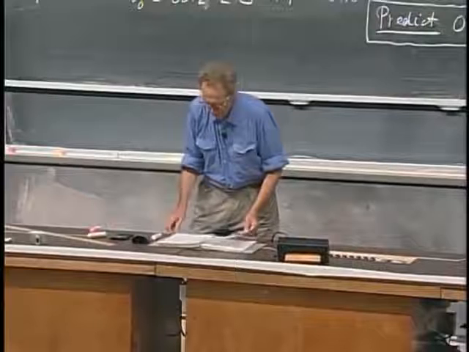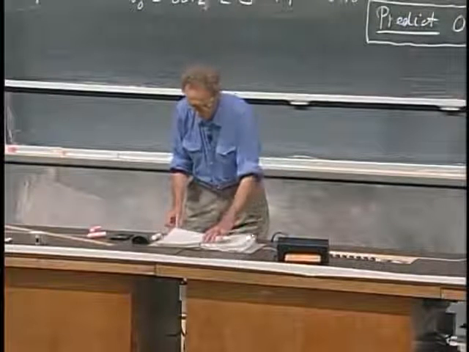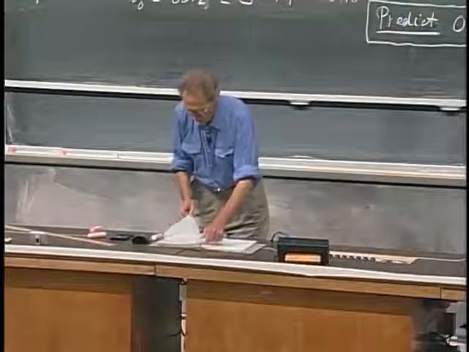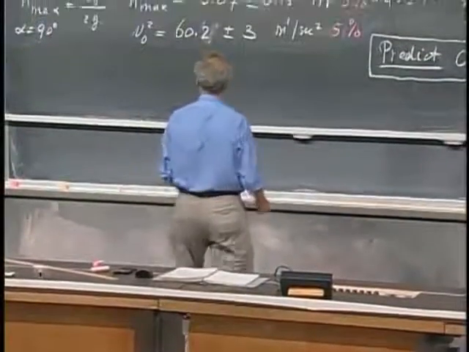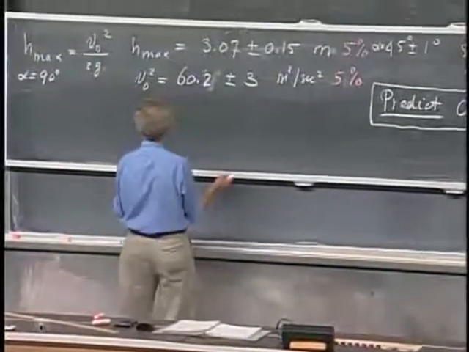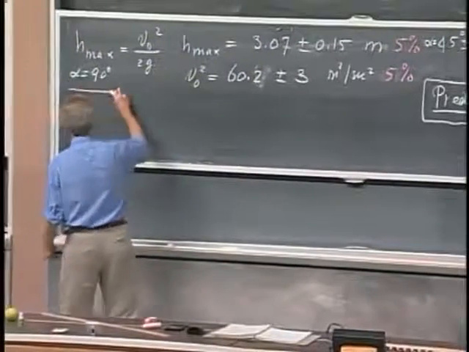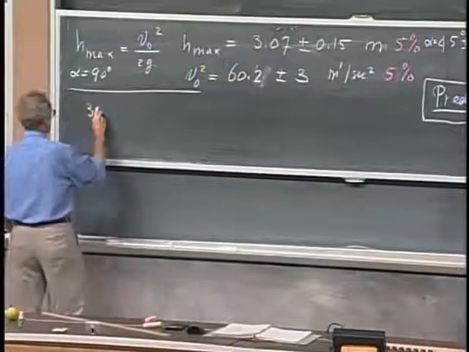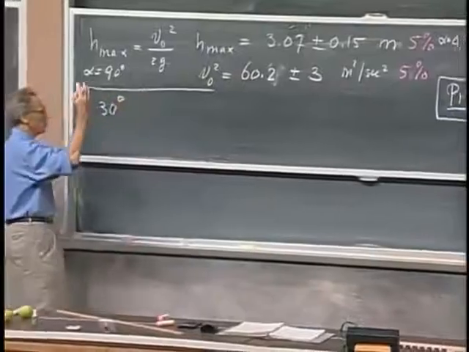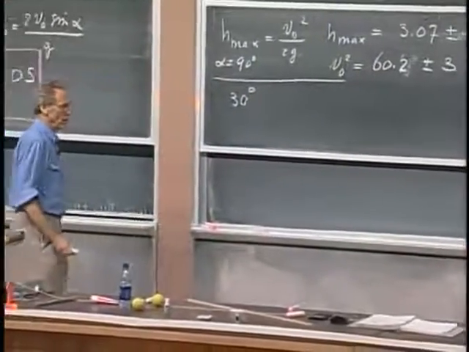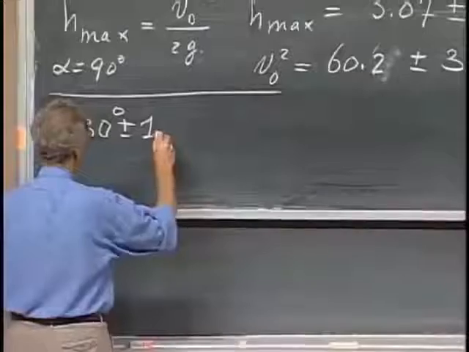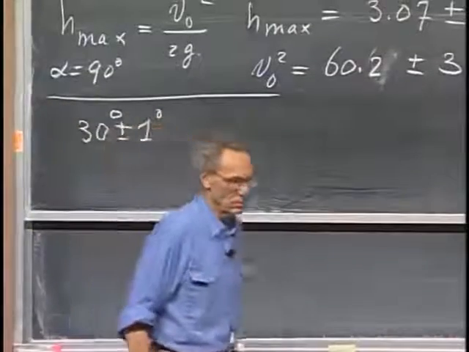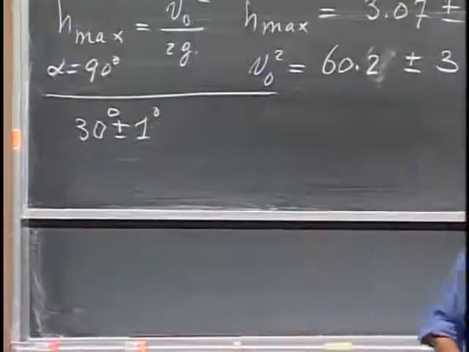So now, I wonder what happens if I fire the ball at 30 degrees. Well, if I do it at 30 degrees, then my v0 squared is the same. I don't have to worry about that, I hope. However, I cannot be certain about the angle to better than 1 degree.